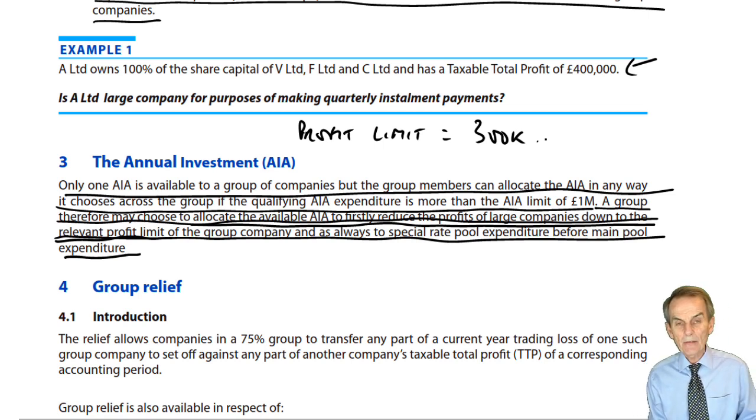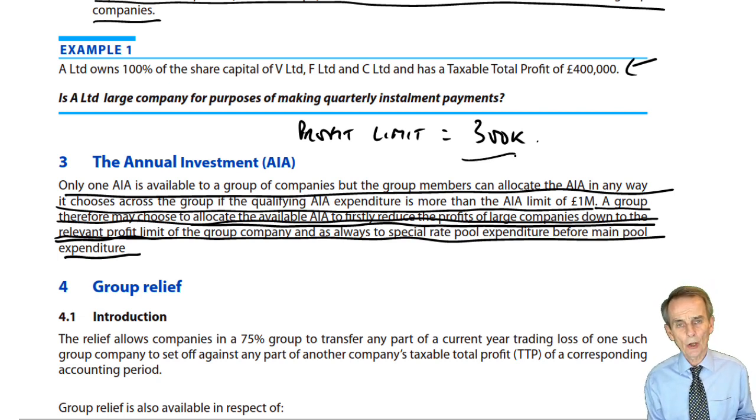So before taking account of which company's expenditure on plant and machinery will attract AIA, if you have a company in the group that has a profit figure prior to allocating AIA, so prior to the capital allowances, of say £500,000, then 500 exceeds 300,000.